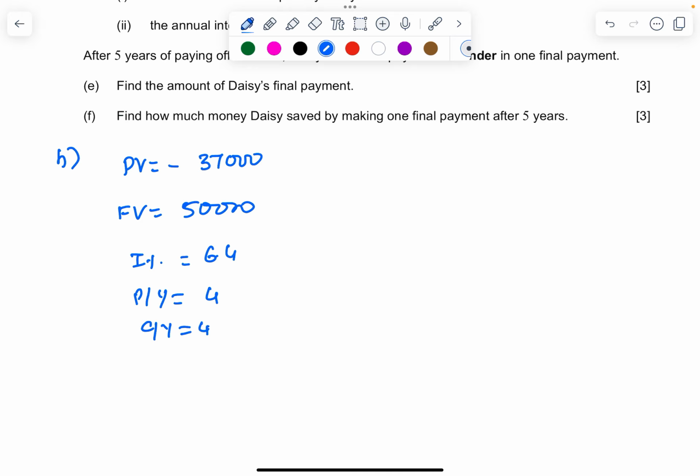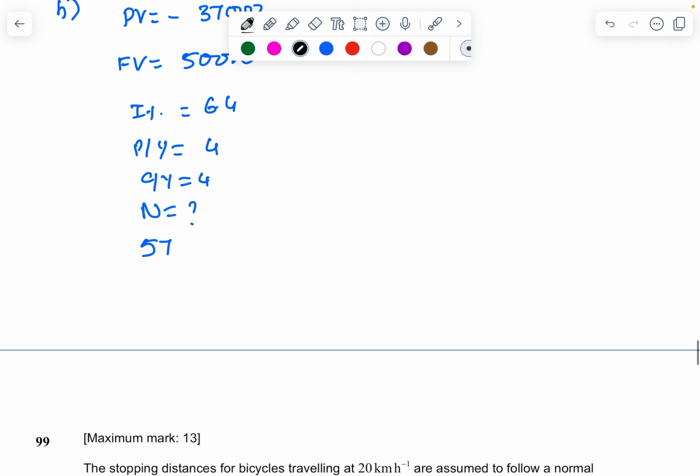Then in that case we don't know the value of n, so we should get the value of n as 57. We'll be getting it as 57. 57 quarters means 4.74 years, or 18.9692 quarters.